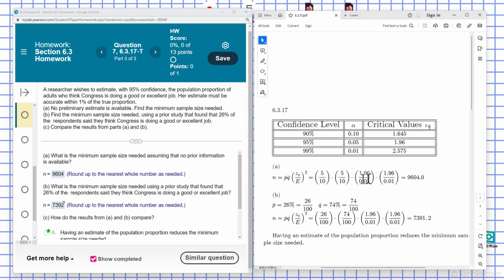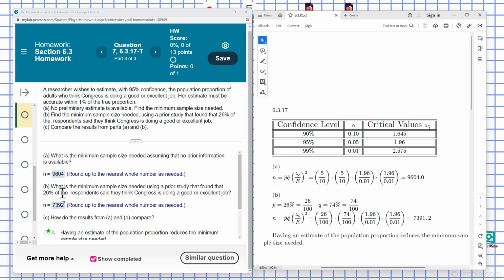And then I have z, which is 1.96, over 0.01, which is my error. I multiply these out, and that gives me 9604, which is the answer there.